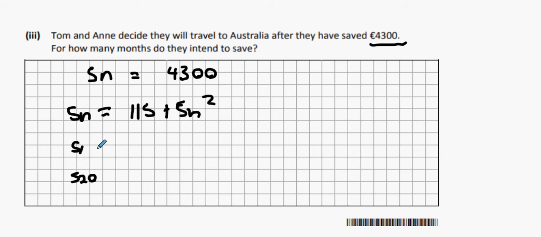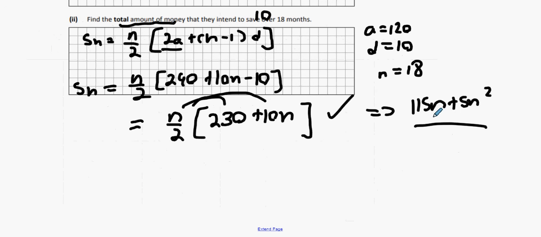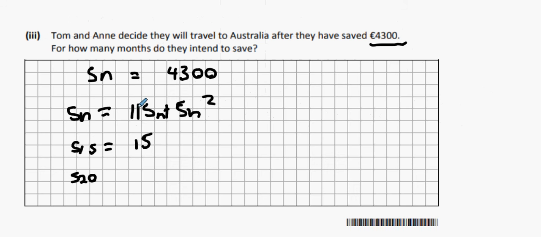And you just basically said, oh, look, S15 was... Very good. Yeah, it's 115n plus 5n squared. Or you could also substitute 15 and 20 into that equation.